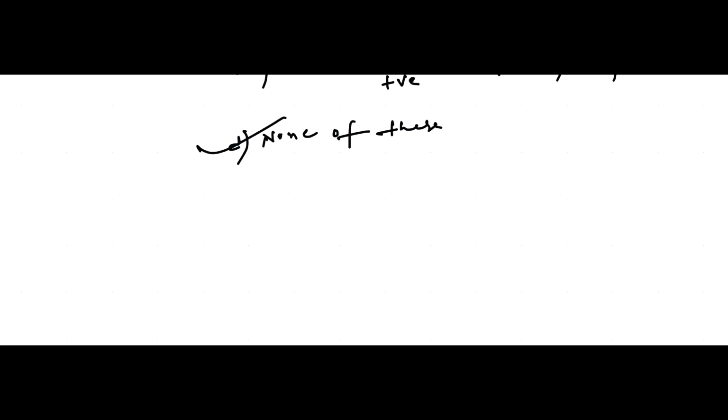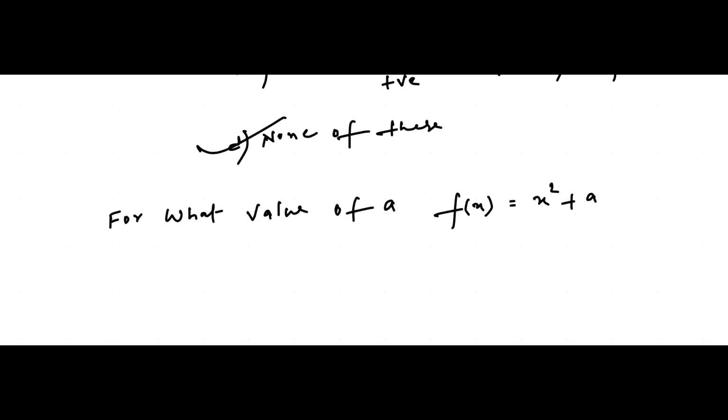Now the next one: for what value of a is the function f of x equals x square plus ax plus 1 increasing in this interval 1 to 2?